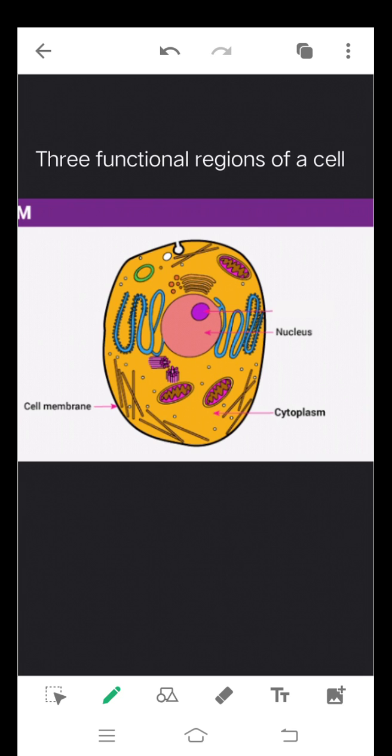These three important components of a cell are nucleus, cytoplasm, and cell membrane. The nucleus is a centrally located part of the cell which is very important and essential for all the activities of the cell. The cytoplasm is the fluid present inside the cell, and the cell membrane is the outermost boundary of the cell.